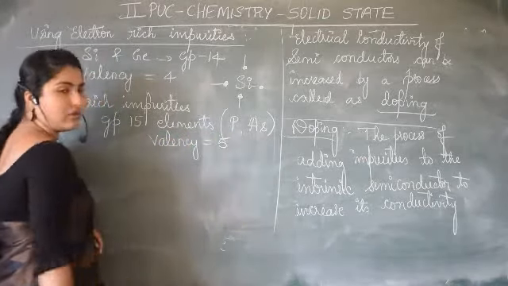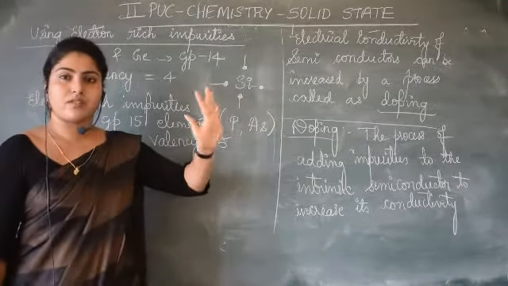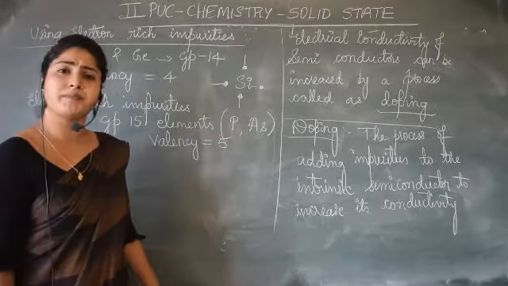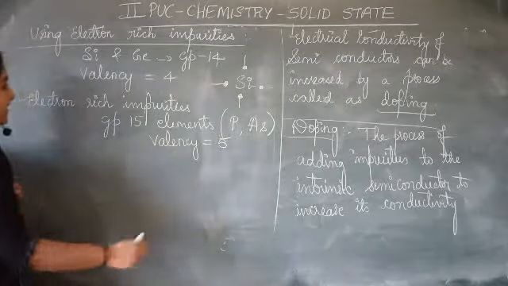One extra electron you can see. Here 4 it was, but here 5. So phosphorus and arsenic will have 5 electrons. Now what happens? See, this is how it looks.